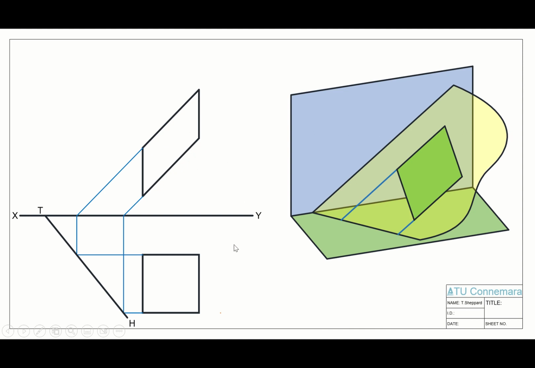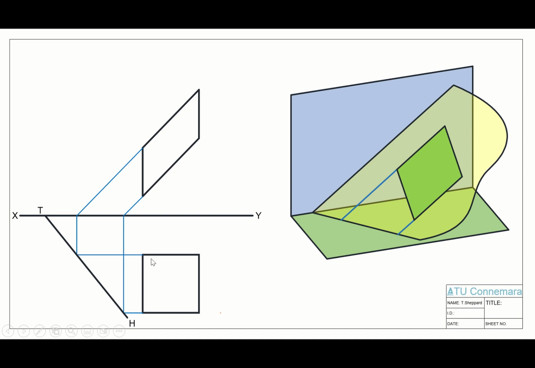But we also have a second issue. When it comes to this edge and this edge, if we were to extend them on, they will never actually meet the XY line because they're parallel to it. So extending that on, it won't ever come into contact with the back wall, so it'll never meet the vertical trace. But if you look closely at the 3D, you can notice that the edges we have here and here are actually parallel to the vertical trace.